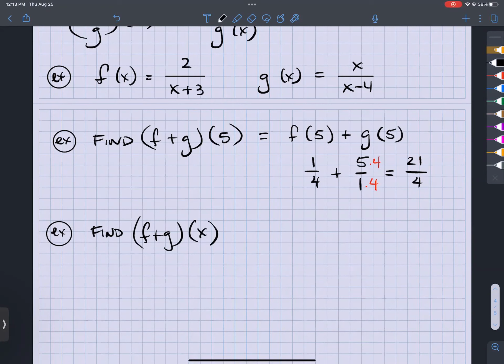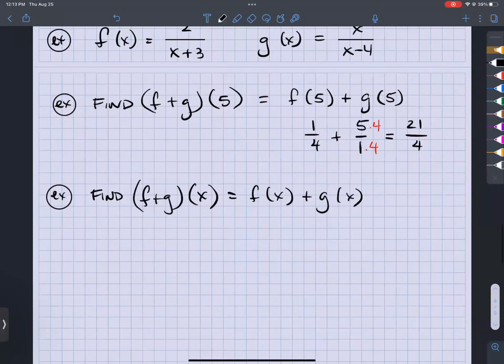So literally this is f of x plus g of x. So that means you actually have to take the 2 divided by x plus 3 and add it to the x over x minus 4, right? Because this is a little bit more difficult of a problem.